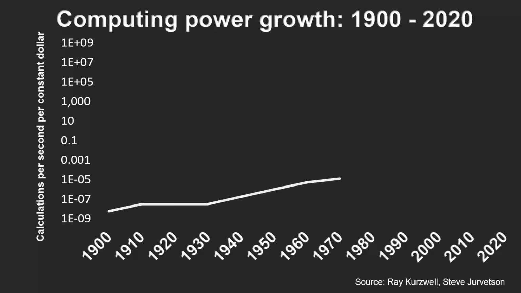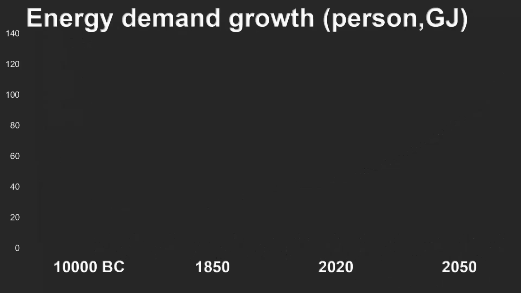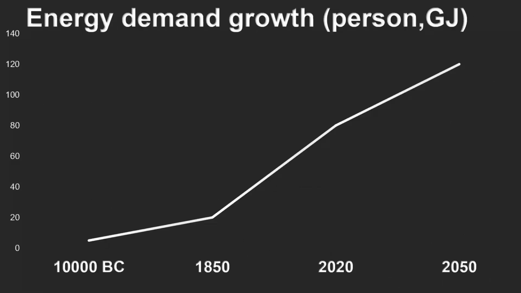Computing power growth, the explosion in computing power growth, particularly since the 70s, from the mid 60s onwards, has exploded. We know Moore's law, every 18 months computer efficiency is doubling. Energy demand is exploding. So computer power growth is certainly not reducing energy demand by any stretch of the imagination.